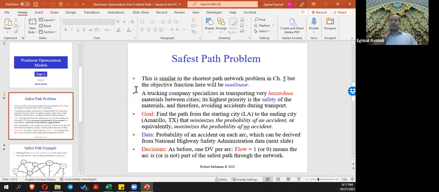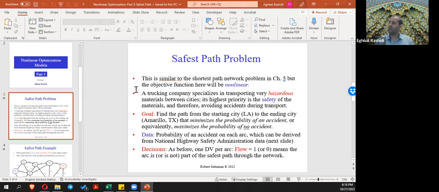So the goal is to find the path starting from the starting point. We are assuming our data starts from LA and we're going to go to Amarillo, Texas, and we want to minimize the probability of accident, or maximize the probability of no accident. Either way, it works, they're the same.